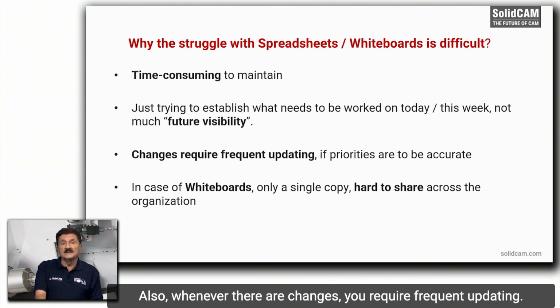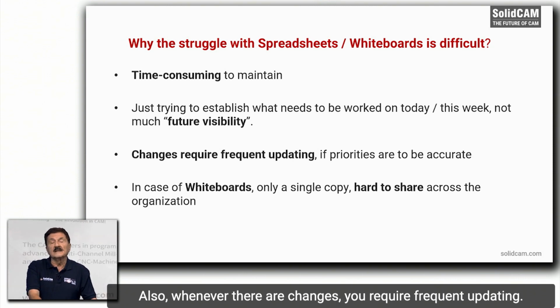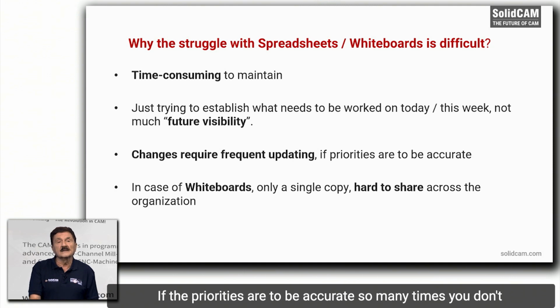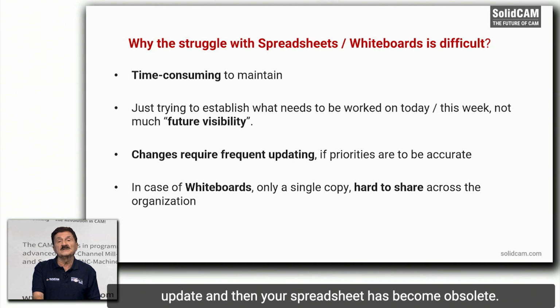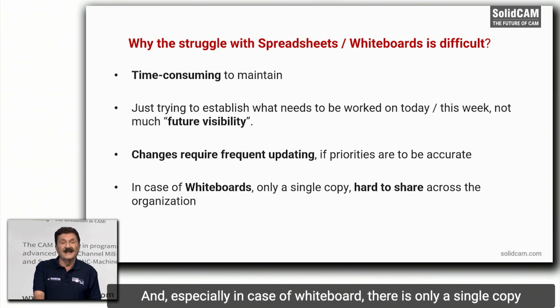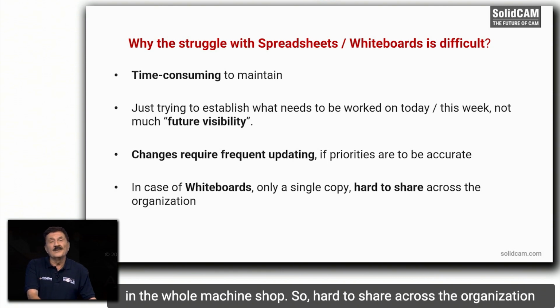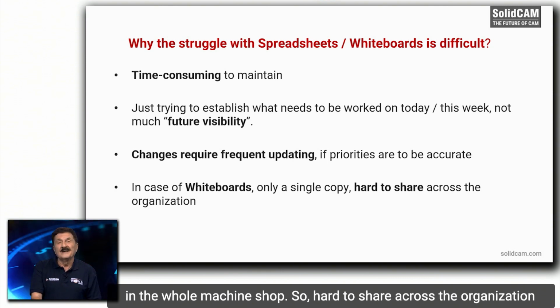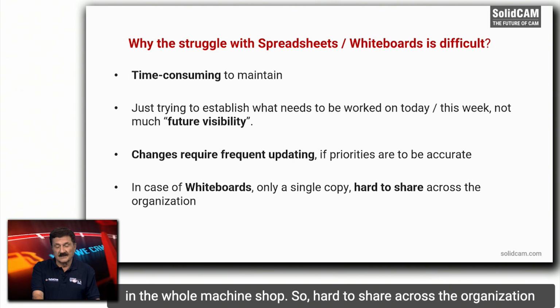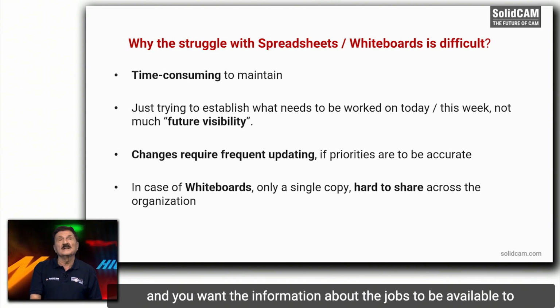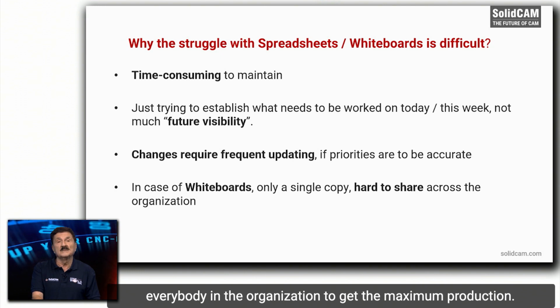Also, whenever there are changes, you require frequent updating if the priorities are to be accurate. So many times you don't update, and then your spreadsheet has become obsolete. And especially in the case of whiteboards, there's only a single copy in the whole machine shop, so it's hard to share across the organization. And you want the information about the jobs to be available to everybody in the organization to get the maximum production.